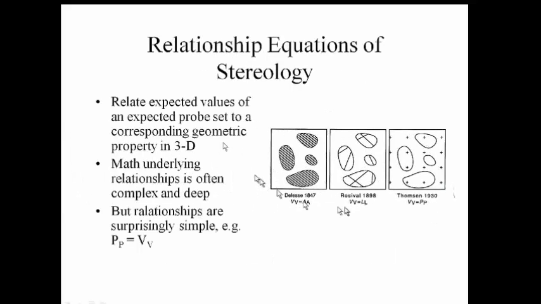These are some of the origins of these relationship equations. They go back over 100 years, and you could say in a more rigorous way they relate the expected values of an unbiased probe set to the corresponding geometric value in 3D. So the math behind these relationships can be very complex and deep, but the relationships themselves are surprisingly simple.